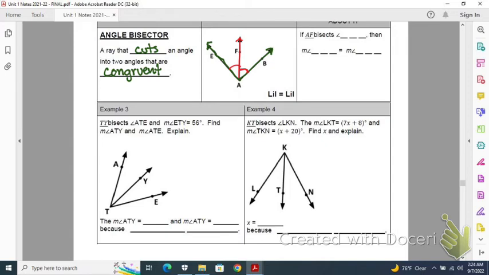Now, it's also important to note that you can't assume a ray bisects an angle. It has to tell you it bisects it. Just like a midpoint, it has to say midpoint, it has to say bisect. If AF bisects angle EAB, then EAF is equal to FAB.